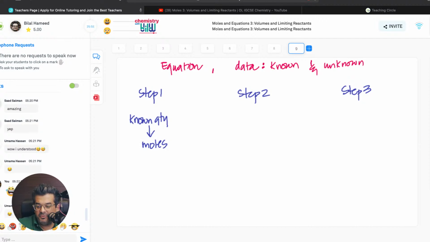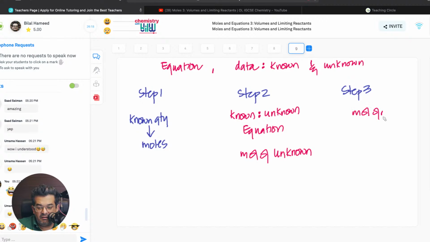Then in step 2, you will have the ratio between the known and the unknown from the equation. Using that, you will find the moles of unknown. And the third step is to convert the moles of unknown to the physical quantity you desire.